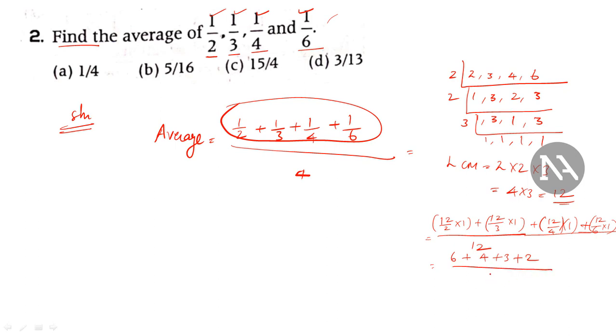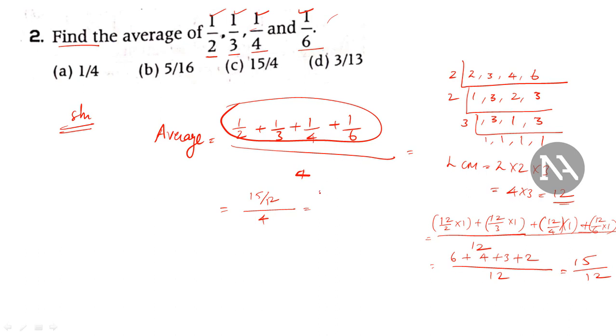So it is over 12. If you add all the numerators, 6 plus 4 is 10, 10 plus 3 is 13, 13 plus 2 is 15. 15 divided by 12, all divided by 4.